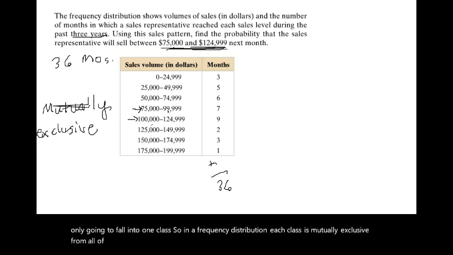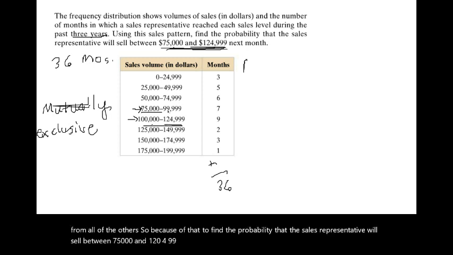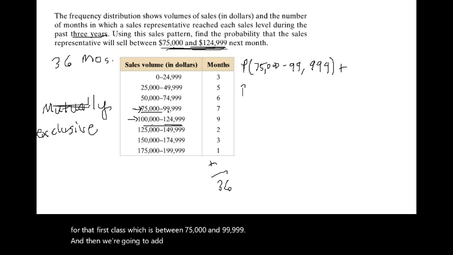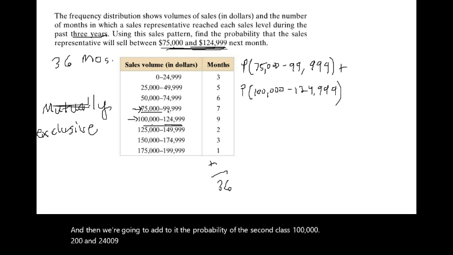So because of that, to find the probability that the sales representative will sell between $75,000 and $124,999, we're going to take the probability for that first class, which is between $75,000 and $99,999, and then we're going to add to it the probability of the second class, $100,000 to $124,999. And because these 2 are mutually exclusive, we do not have to worry about subtracting any overlap.